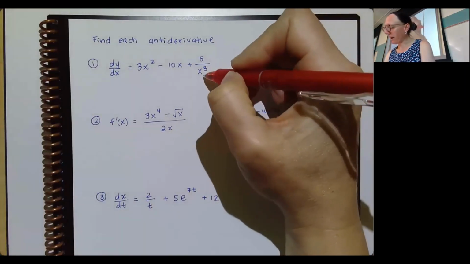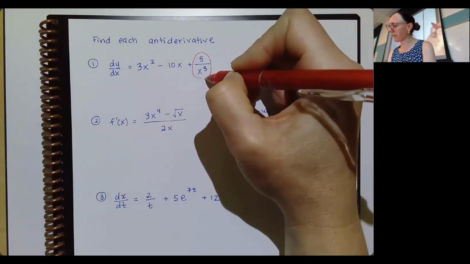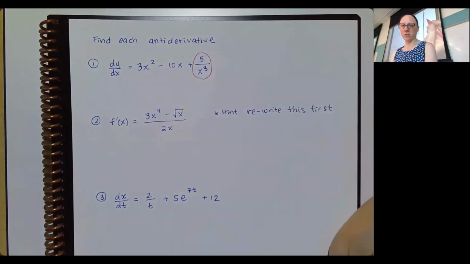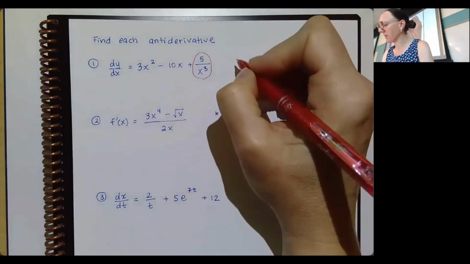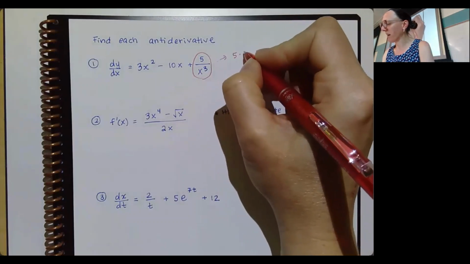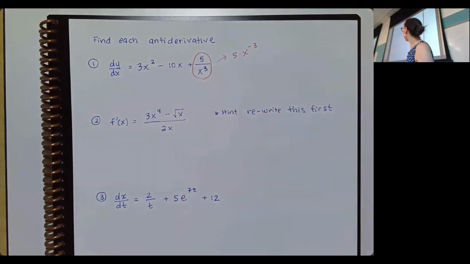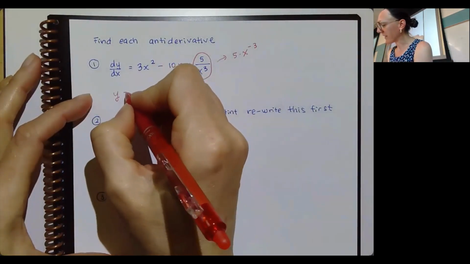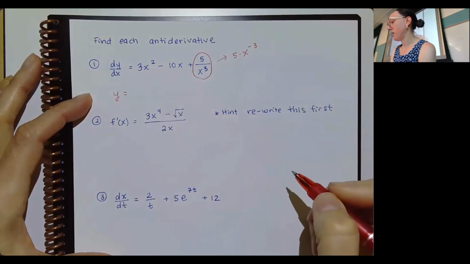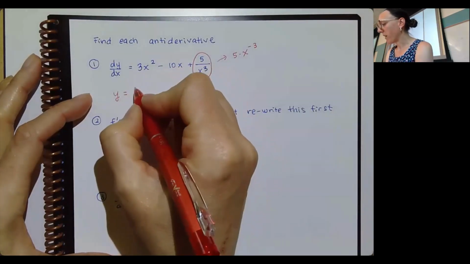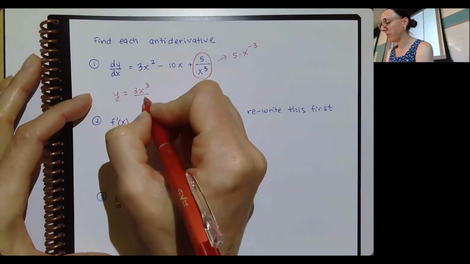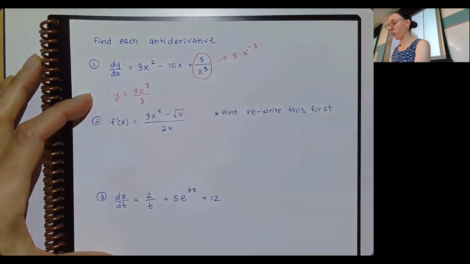By the way, I took that 5x cubed, and I'm going to choose to rewrite that last piece as 5 times x to the negative 3. That way we can use our rule: if I've got a number times x raised to a number, I get to add 1 to the exponent and divide by the new exponent. So here I'd have 3x, add 1 to the exponent, divide by the new exponent. You can cancel the 3's or not.